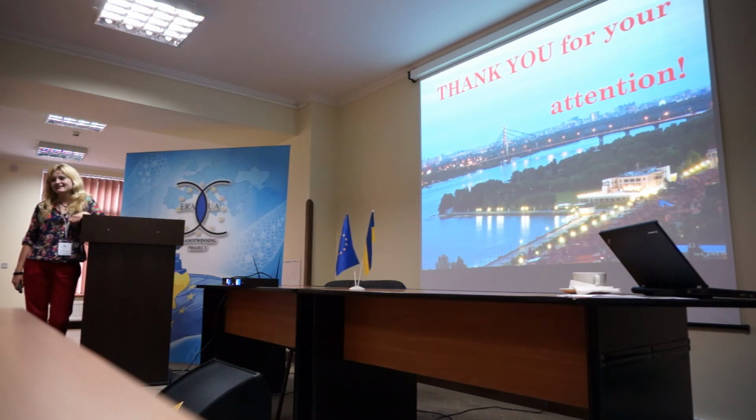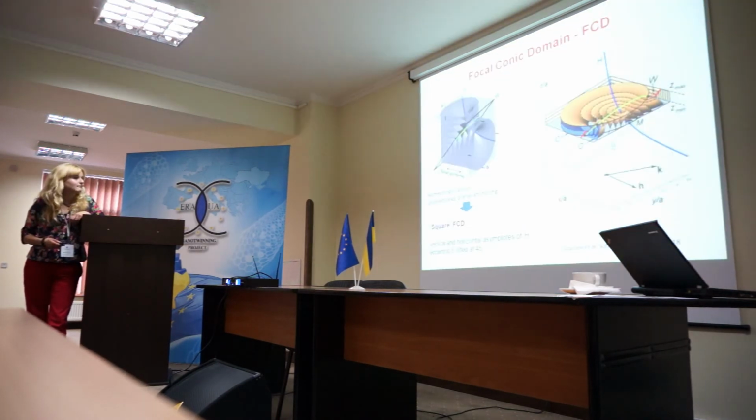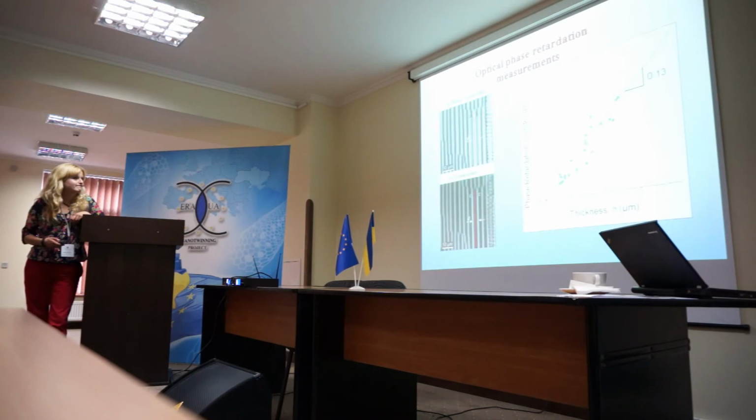Okay. So then the second question is related to the phase retardation measurements. As I understood, you have linear defects on the surface of the smectic, and it is interesting to me how it's possible to measure phase retardation if you have, as far as I see, a micro region of this. How do you measure this phase retardation?